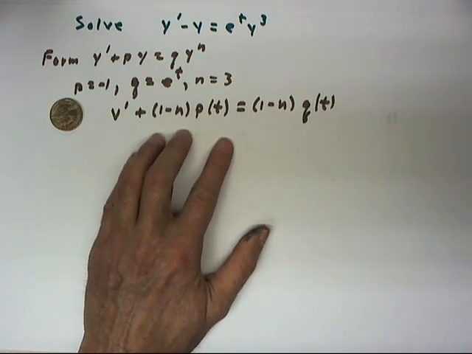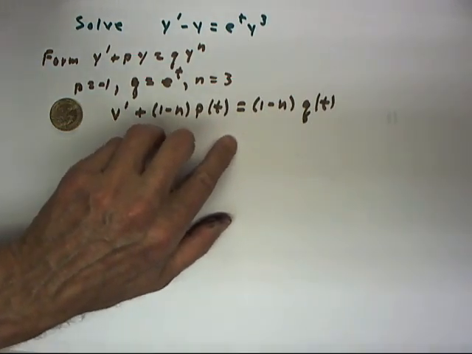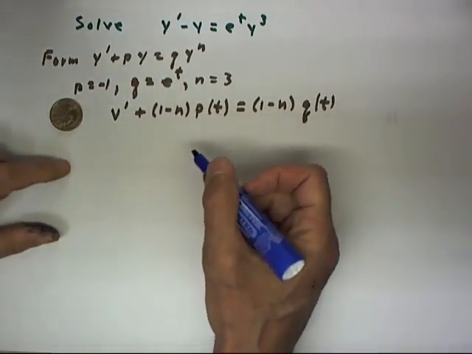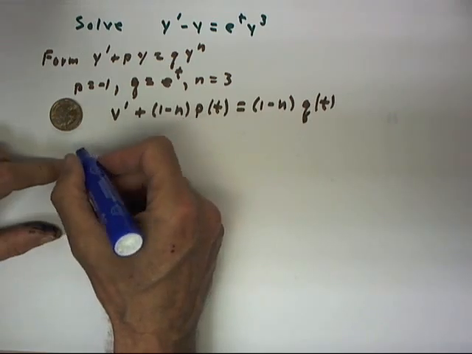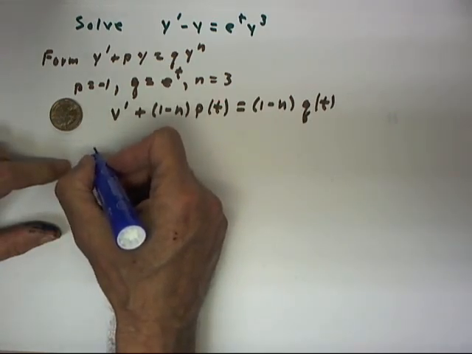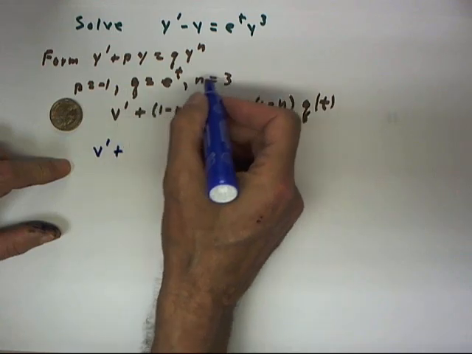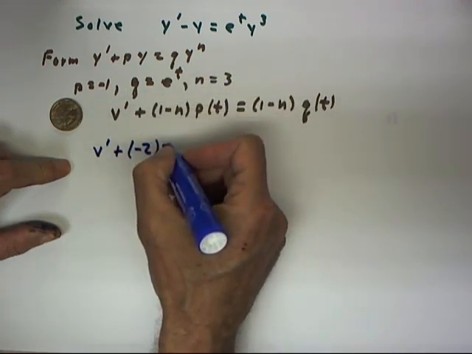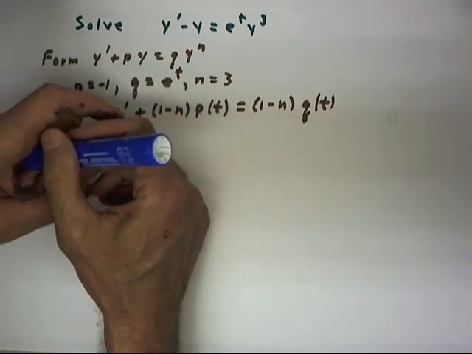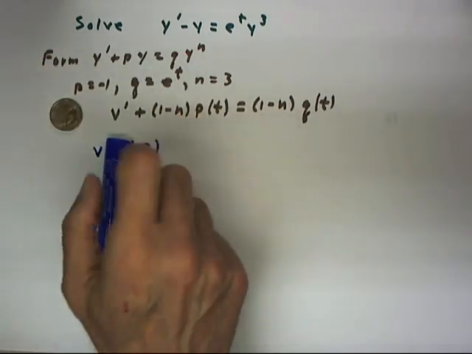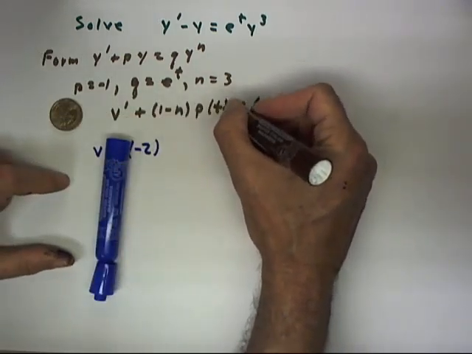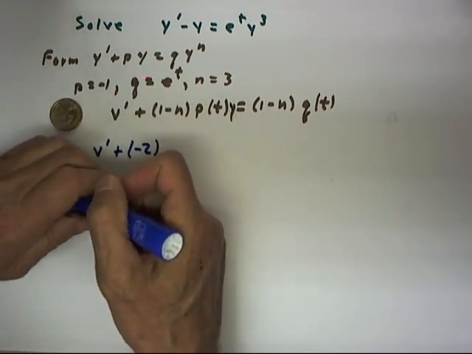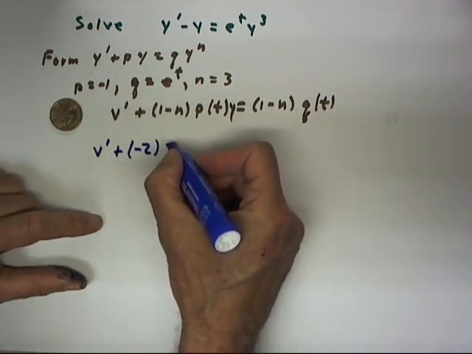Now, having identified our value of n and our p function and our q function, we can write out the transformed function, which is going to be v prime plus, okay, n is 3, so 1 minus n is negative 2, and I left something out when I wrote this. It's times y here, so we're going to need that. It's negative 2 times y.